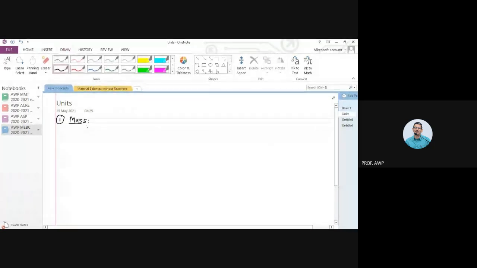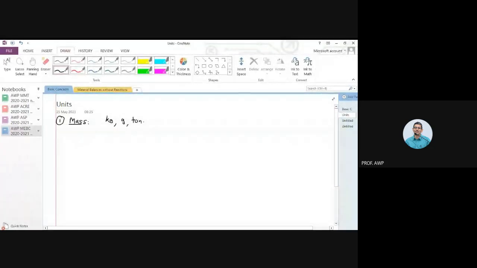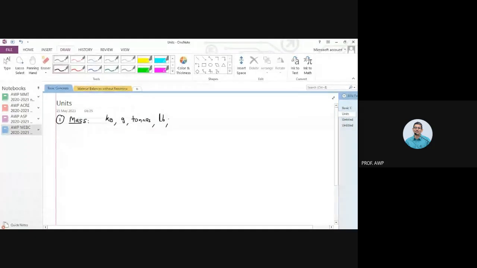So mass SI unit is of course kilograms, but we talk about grams, we talk about tons, we talk about pounds. Any other unit that you are aware of for talking about mass?